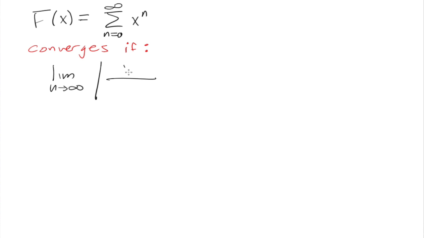So all I have really is the x, right? This is just x to the n plus 1 over x to the n, right? And so this is going to converge if this ratio is less than 1, which means that basically the absolute value of x has to be less than 1, right? Does that make sense?